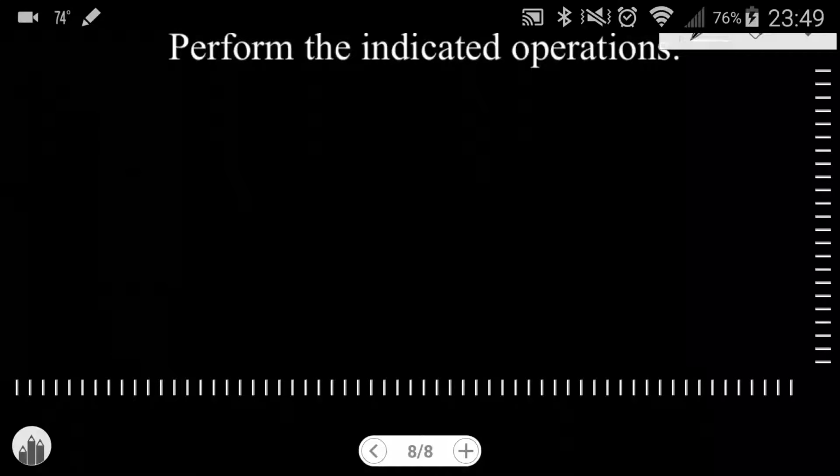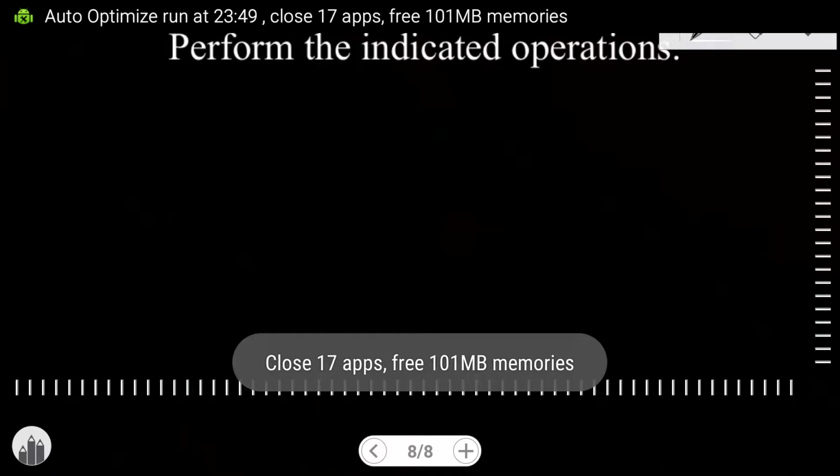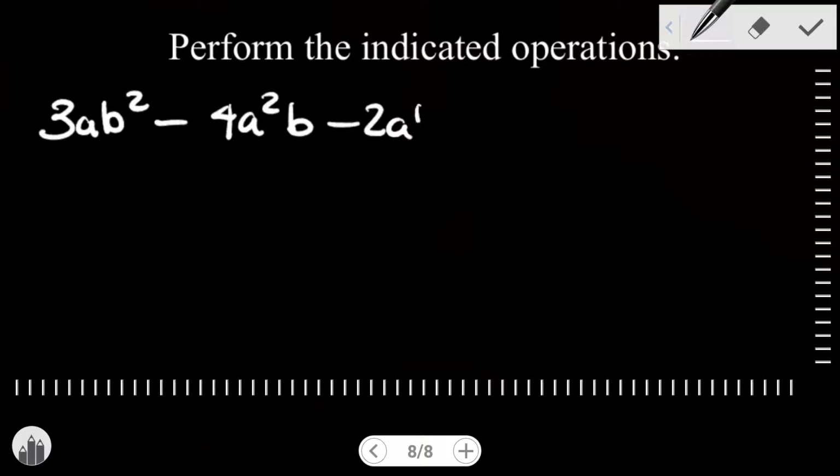All right, so today we are going to be adding and subtracting polynomials. So the objective is to perform the indicated operations. So the first problem that we have is going to be 3ab squared minus 4a squared times b minus 2ab plus 6.